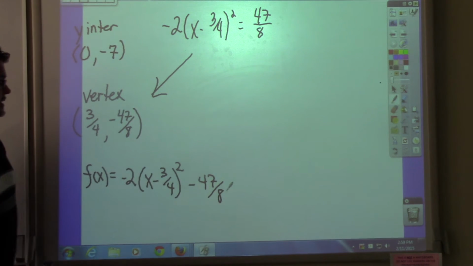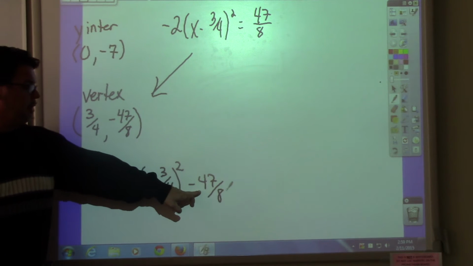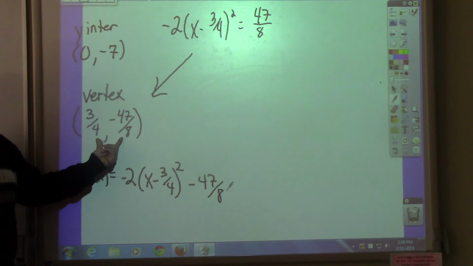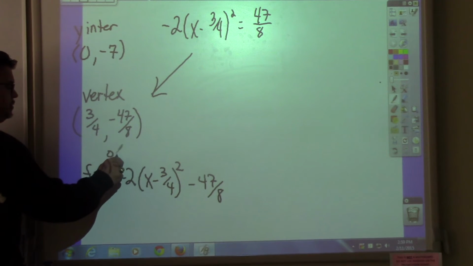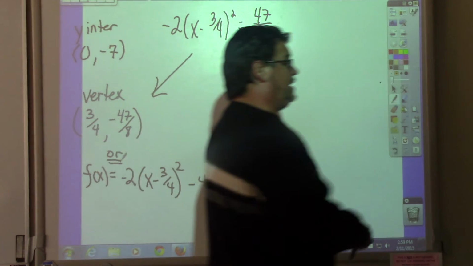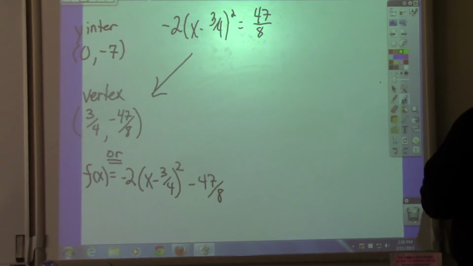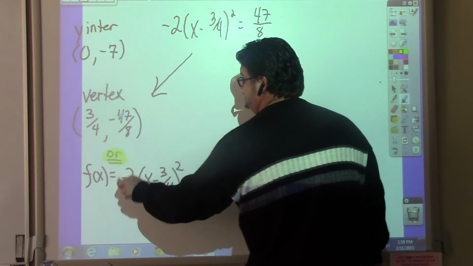And the vertex is opposite of this, which is 3/4, and bring this down, you get the same thing. So put an or there, so y'all won't have a connection. I've been saying that since we started this, so nobody should be surprised when you see these two together.